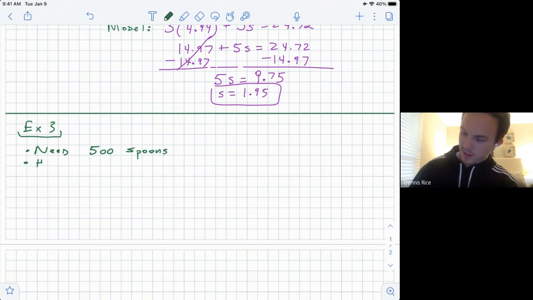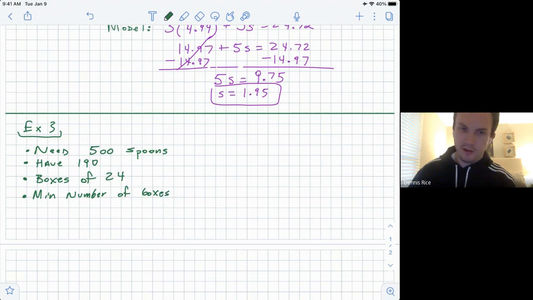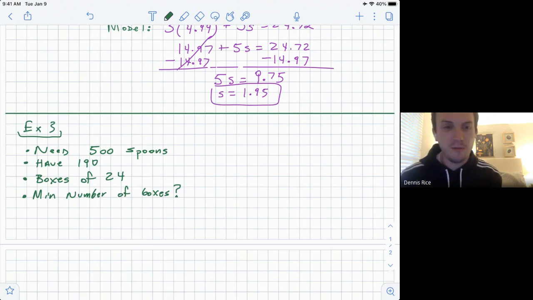We currently have 190, and they come in boxes of 24. What's the minimum number of boxes we need to reach our goal? Like we're throwing a party, we need a lot of spoons for some reason, we need 500. We have 190. We can only buy them in boxes of 24. What's the minimum number of boxes?